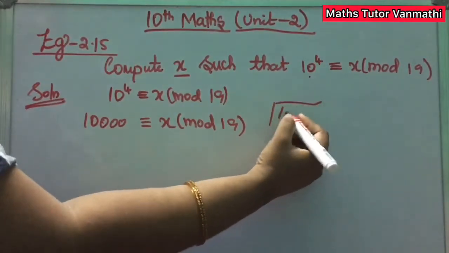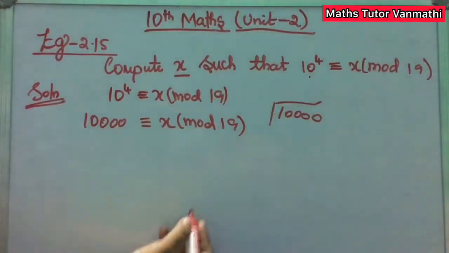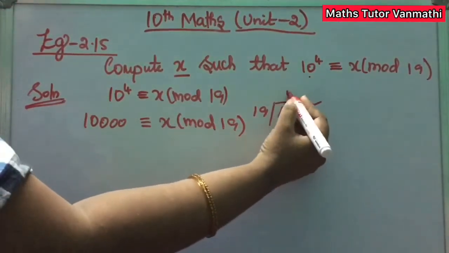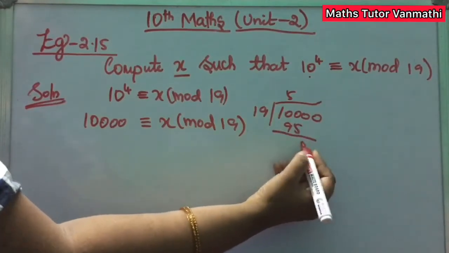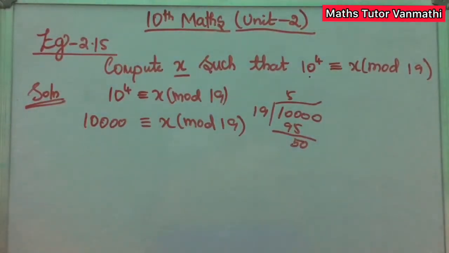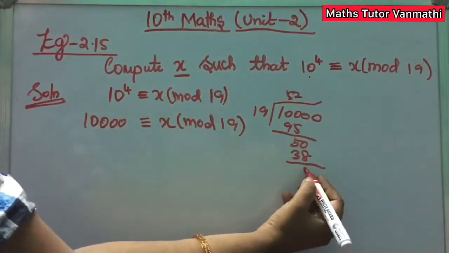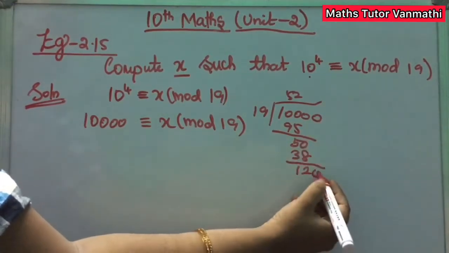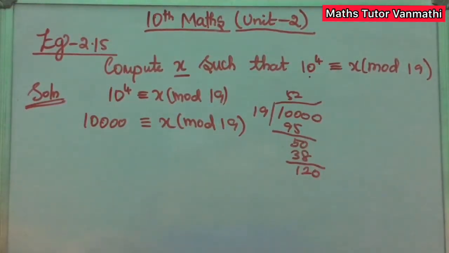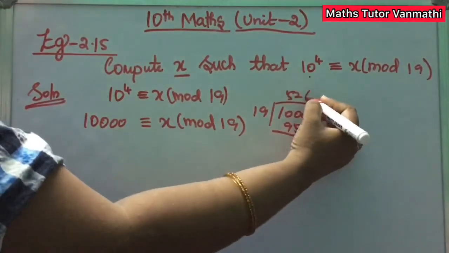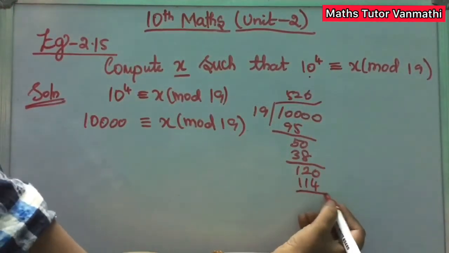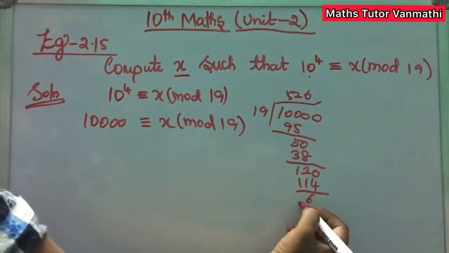Dividing 10,000 by 19, you get 19 5s are 95, and the remainder is 5. Taking down a 0, again 19 2s are 38, and you get 12. Again taking a 0, 120, and 19 6s are 114, and the remainder is 6.